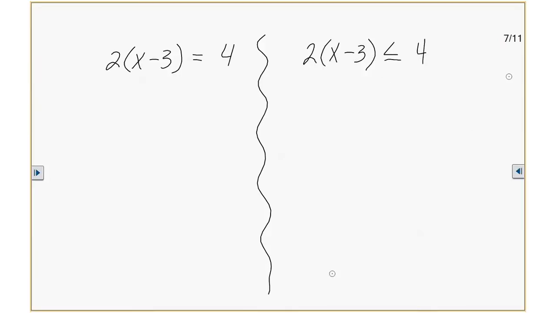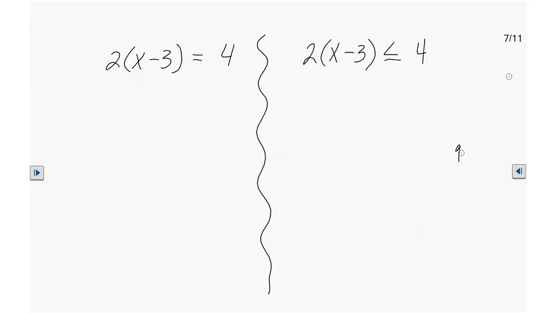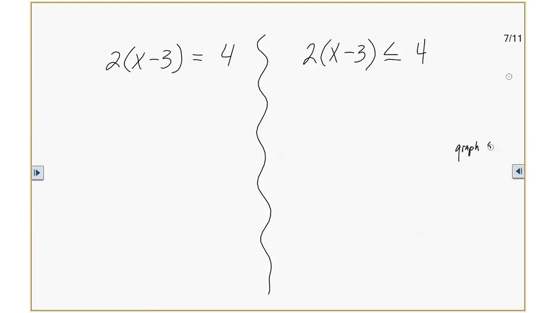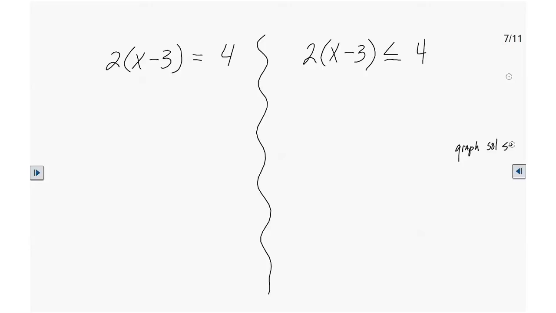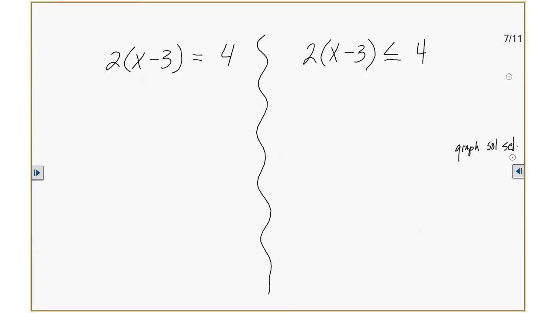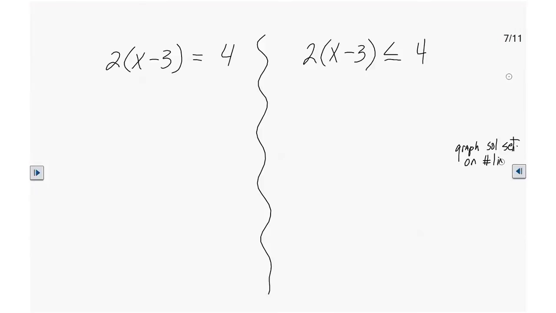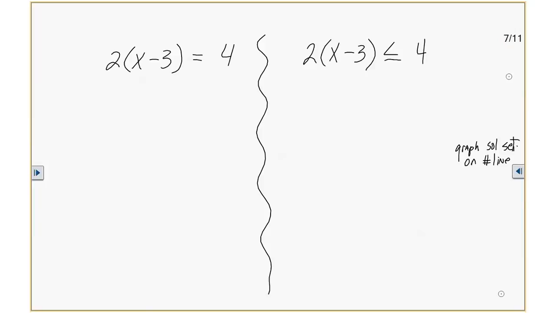Now, I want you to do both of those. But on this one, over here, I want you to graph the solution set on the number line. Okay? Do that right quick.